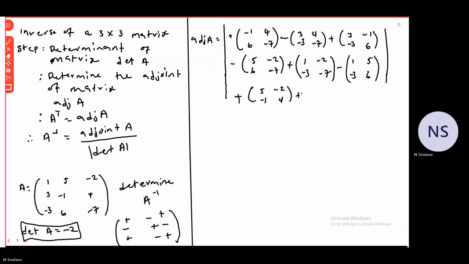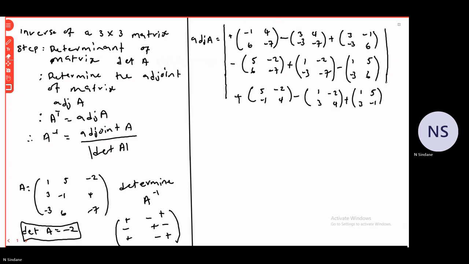No, it's minus, for this one, minus into, this is out, 1 and 3, minus 2, 4. Plus, last one, this is out, 1, 3, 5, minus 1.